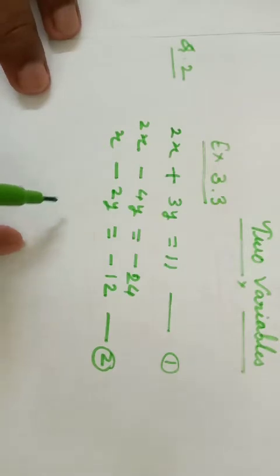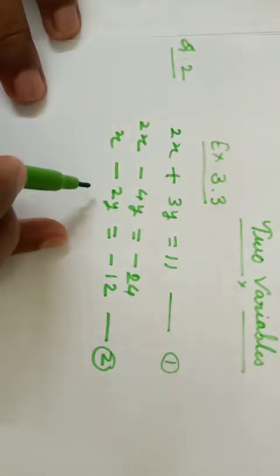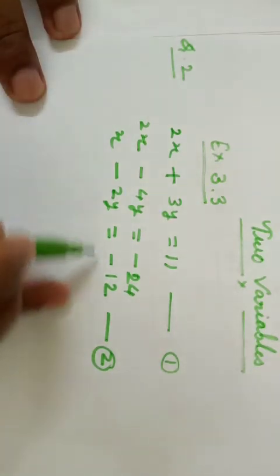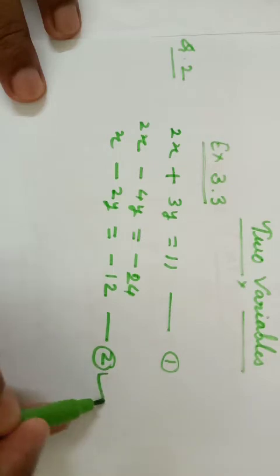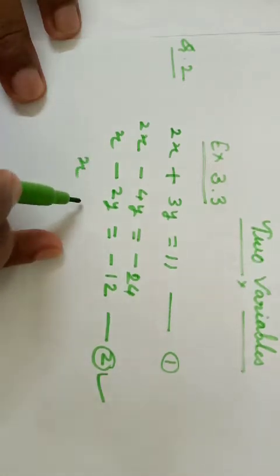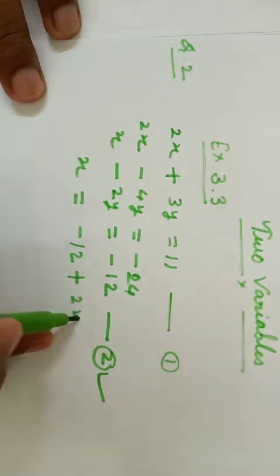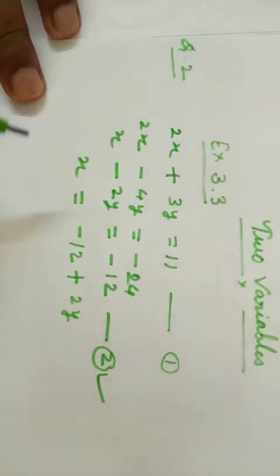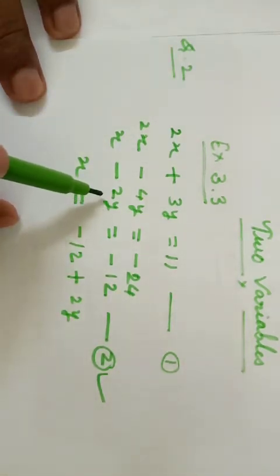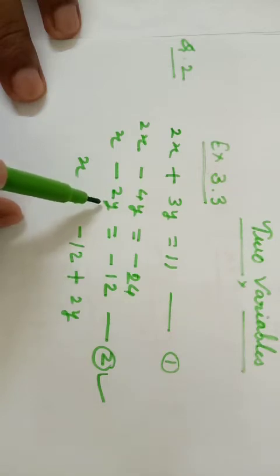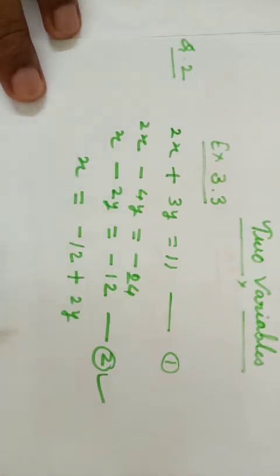Meaning, sometimes we can find the value of x too; it's not compulsory that we always find the value of y. So by using equation number 2, x is equal to minus 12 plus 2y. How? We shift one term with the variable to the RHS side. So x is equal to minus 12 plus 2y.